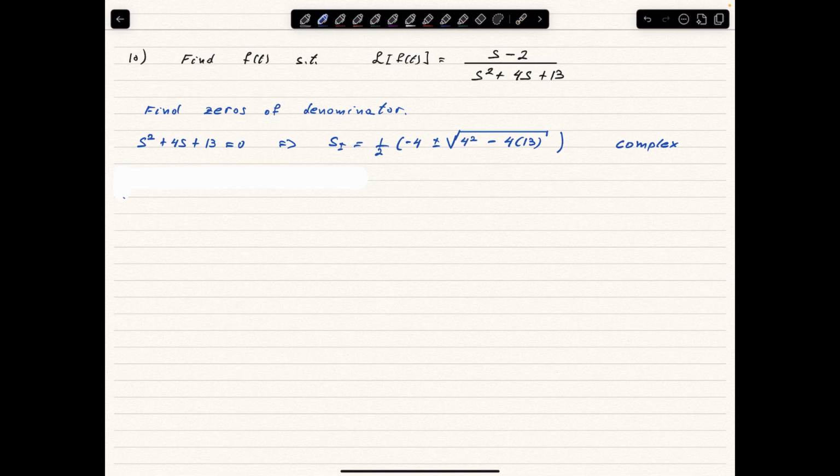So instead, we complete the square. And what is that? Well, we have our polynomial s squared plus 4s plus 13, and the idea is that we want to write it in a different form. We want to write it as s minus something squared plus something else squared.